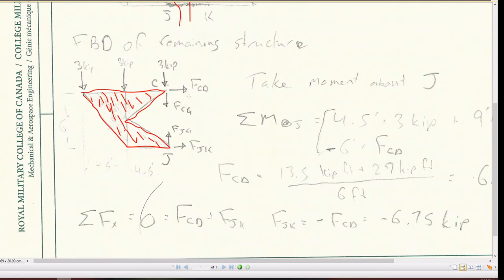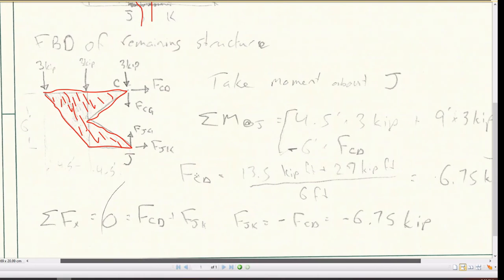So we've got our free body diagram. We've got the external forces applied, the 3 kips each at the 3 locations. And then we've got the internal forces based upon the forces in CD, CG, JG, and JK.